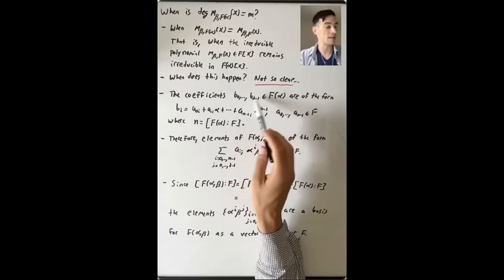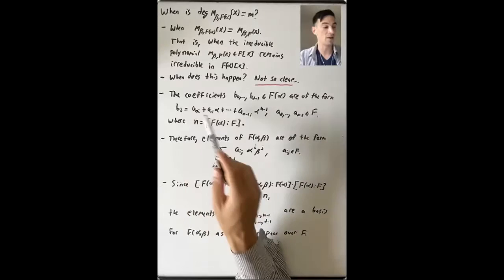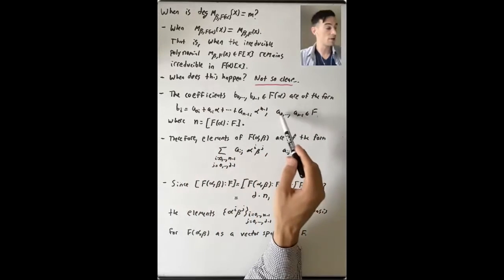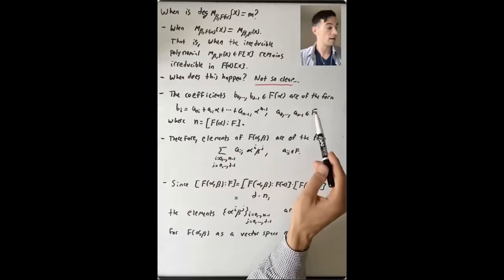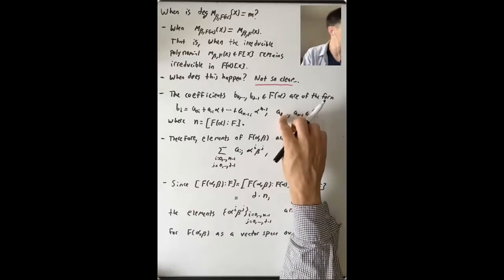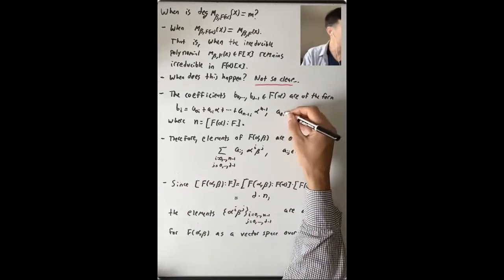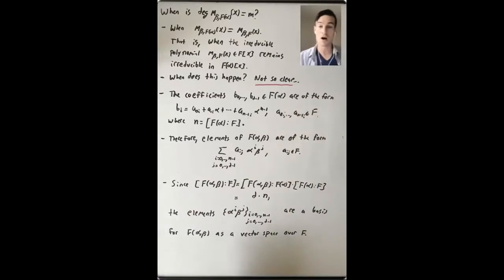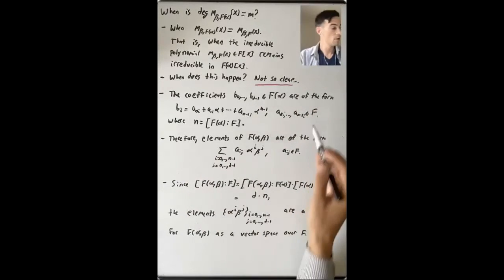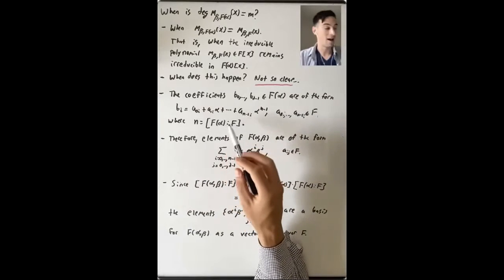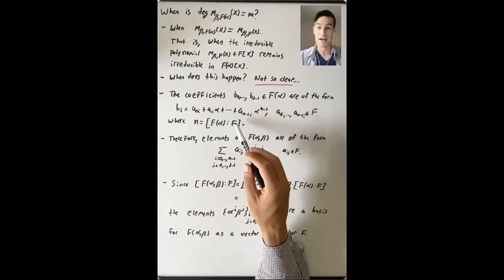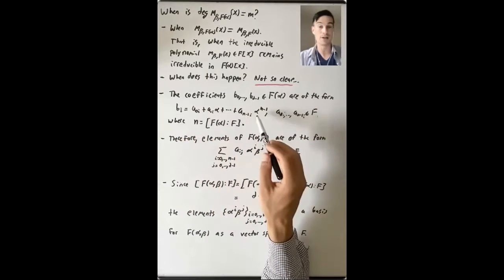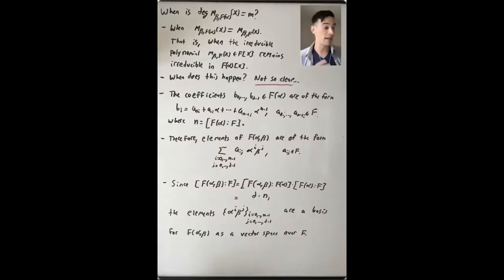So we know what elements in F adjoin alpha look like. And what does b_i look like? It's a polynomial in alpha of degree at most n minus 1, where the coefficients a0i, a1i, all these coefficients up through a(n minus 1)i are all elements of F, where n is the degree of F adjoin alpha over F. So by taking each one of these coefficients and writing it out as a polynomial in alpha, and now expanding, what do we get?